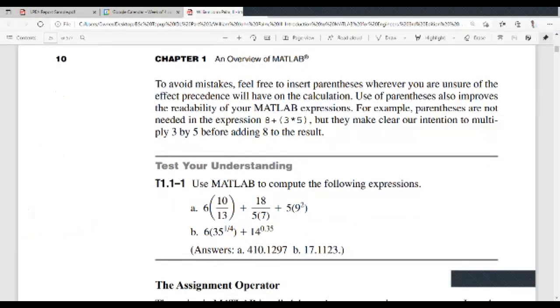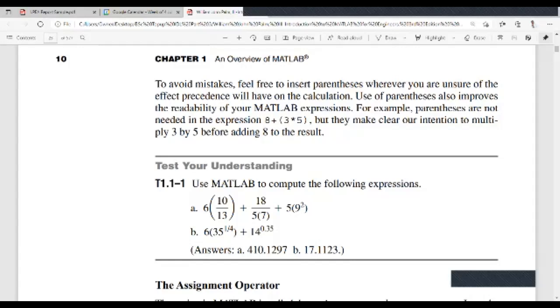Yeah. Okay, good. So the answer showing here is not the same as what you got. Maybe you have to go back and check how we typed our things and see if you are mixing something. Because the answer here is 410.